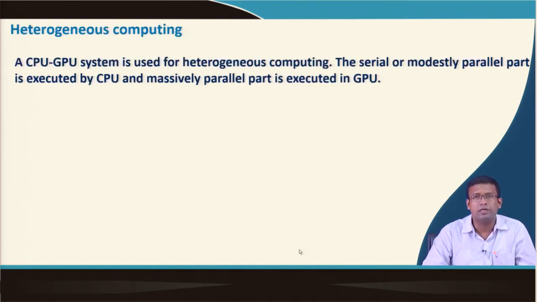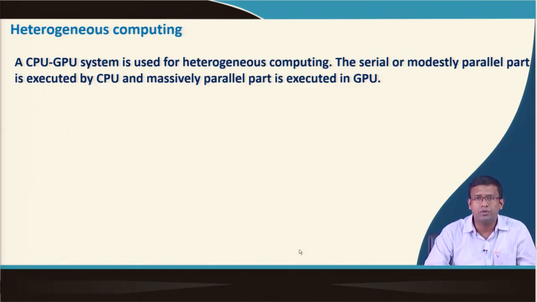Well, so we are discussing a CPU GPU program, and this is called a heterogeneous program, or when we use a CPU GPU system it is called heterogeneous computing, where the serial part of the program or the modestly parallel part, that means parallelized in 4 threads or 10 threads, runs in the CPU, and the massively parallel part, which is parallelized in terms of thousands of concurrent instructions, is executed in the GPU.